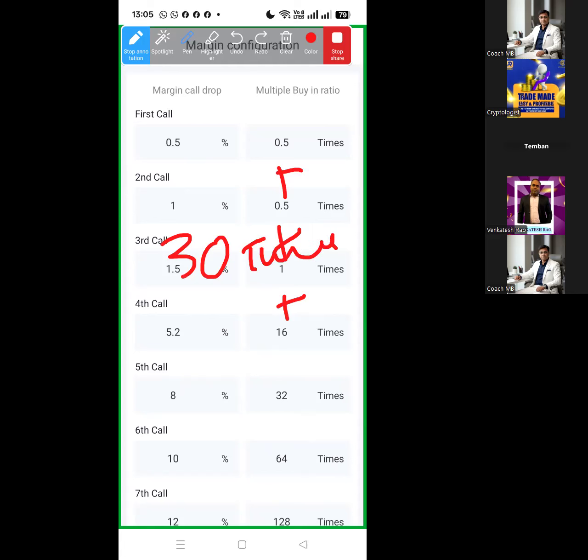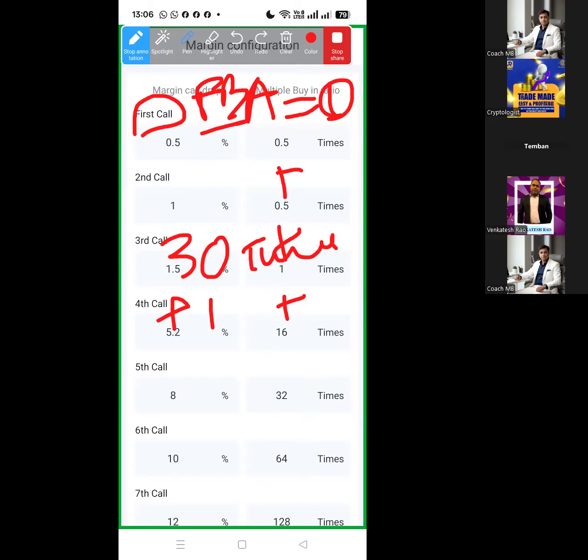So what you can do to calculate the capital that can be invested in this trading strategy? Suppose the total comes to 30. First of all, add 1 to it. Why? Because you started before with a first buy-in amount. When you started the first buy, it bought 1 time, and then it will reach here to buy the first call.